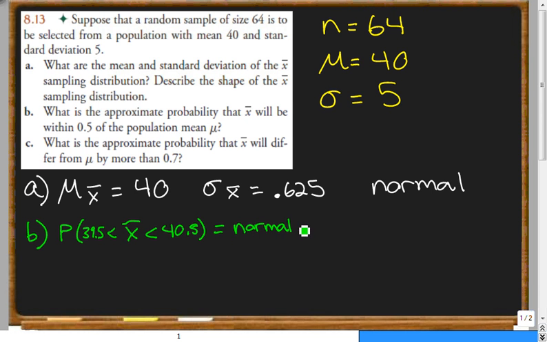So we're going to use normal CDF. Our lower bound is 39.5, our upper bound is 40.5, our mean is 40, and our standard deviation, which we have to use for our sampling distribution, is 0.625. So how is this going to look when we type everything in?